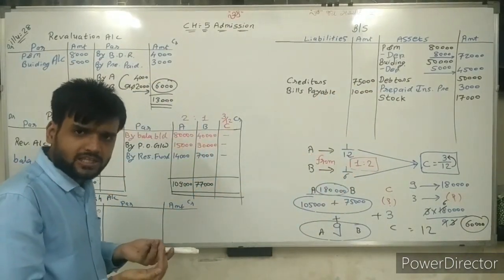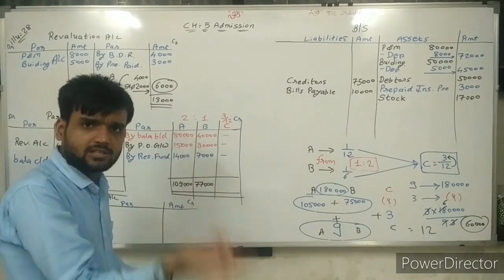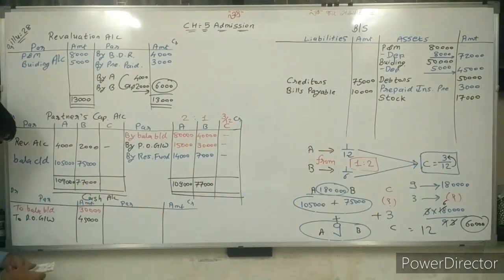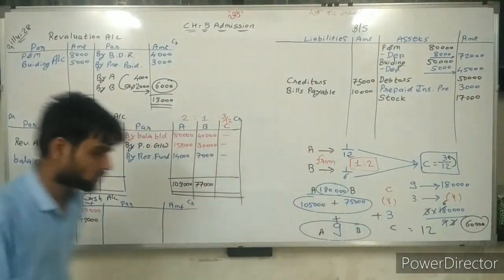60,000 rupees comes into the business: cash account debit, C's capital account credit. So cash account debit side to C's capital account, amount is 60,000 rupees.